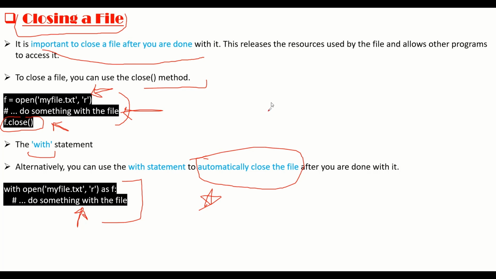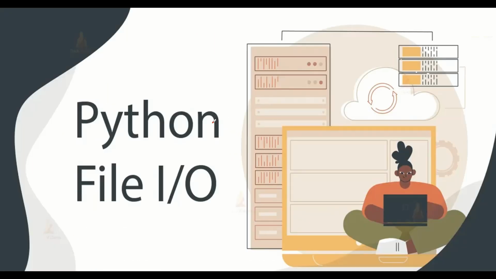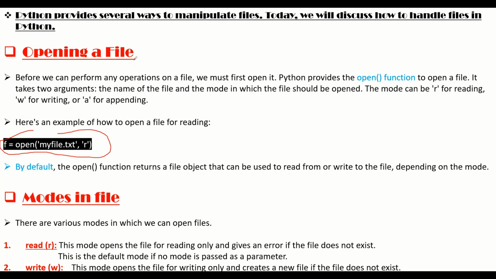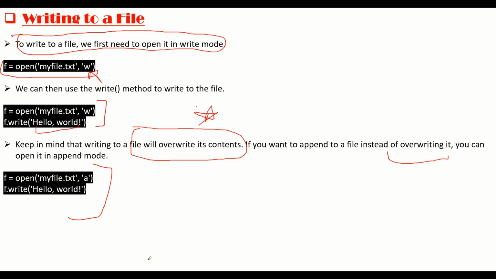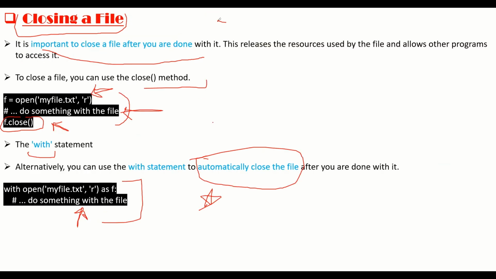But read the definitions. So we covered opening a file, then modes in a file, and there are 6 modes in a file. Then we discussed reading from a file, and this is the code on your screen. We have also discussed writing a file and then closing a file, and this is the with statement.